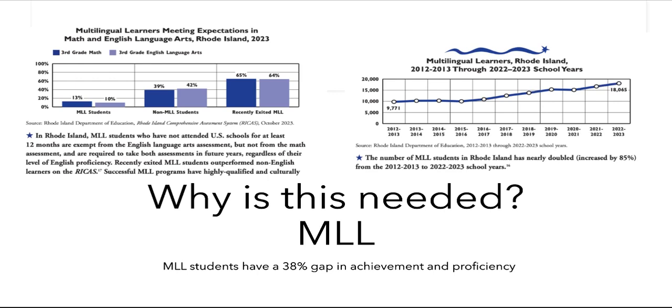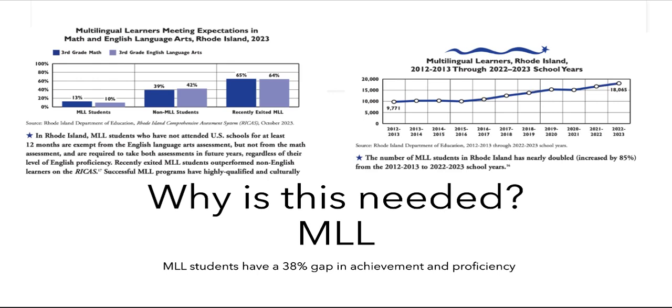So that doubling of MLL students makes this population extremely abundant in our school systems, as well as our percentages and our scores for students here.